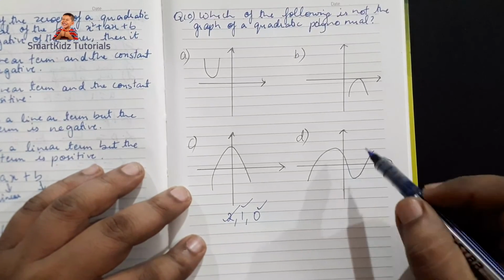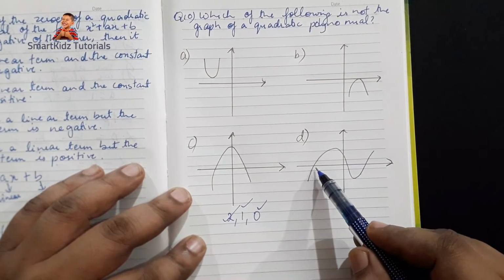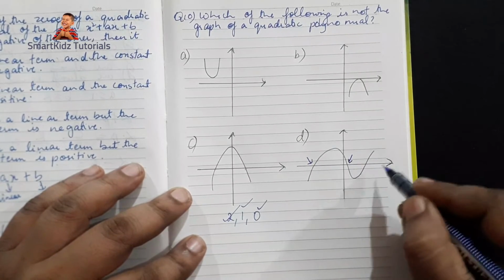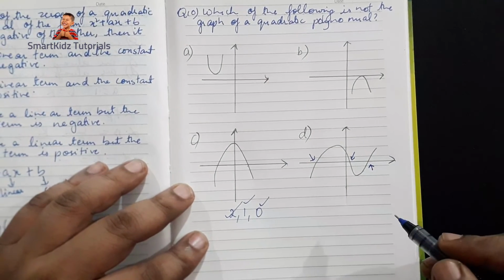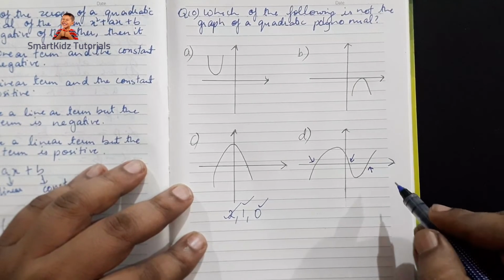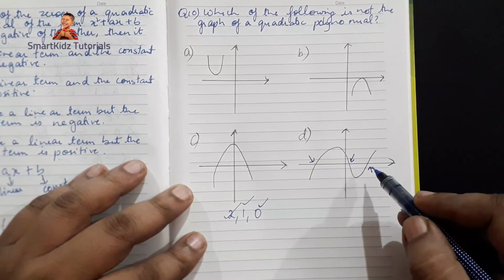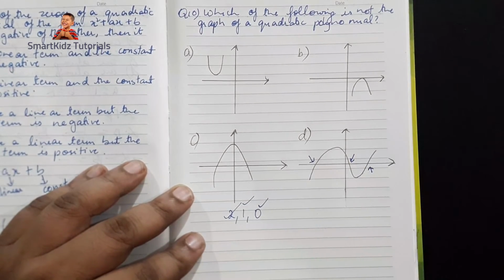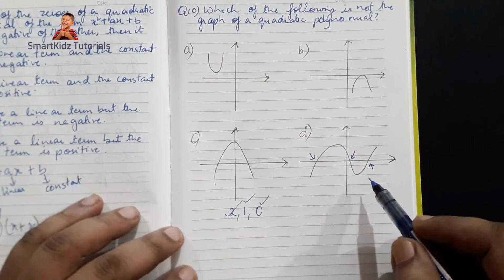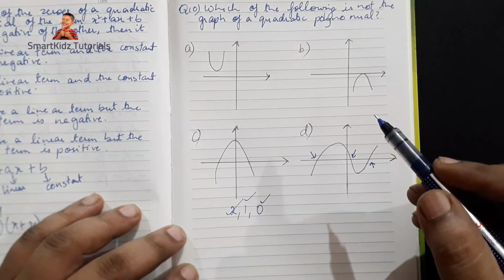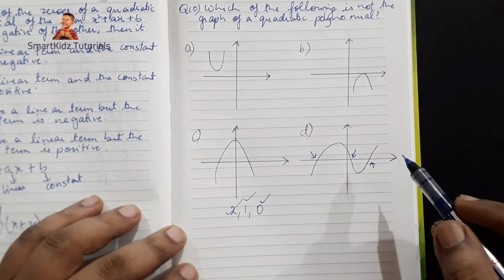What about D? If you have a look, it cuts at 1, 2 and 3 places on the x-axis. That means this type of graph will give you 3 zeros, and 3 zeros are not possible with a quadratic polynomial. With a cubic polynomial, yes, 3 zeros are possible.